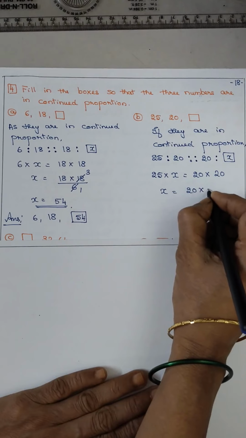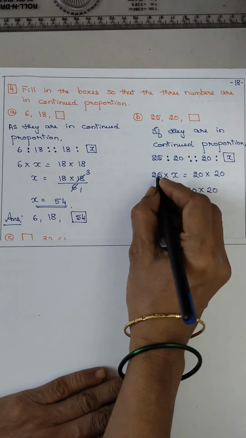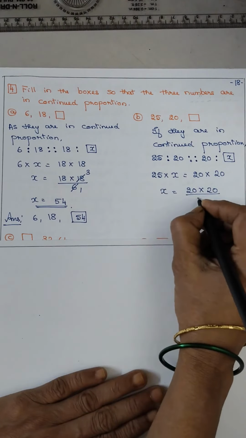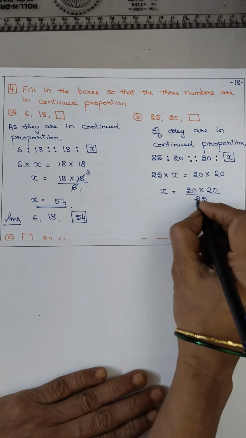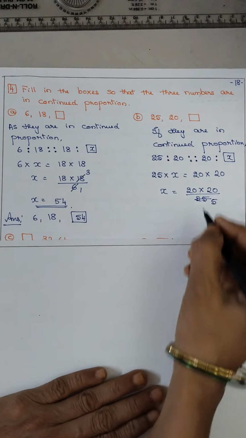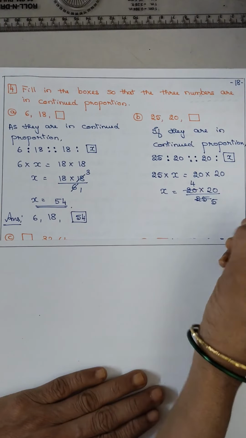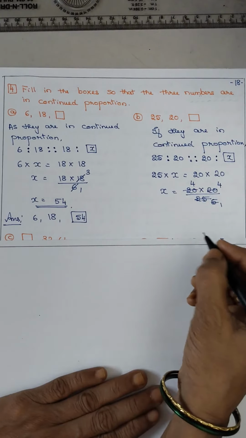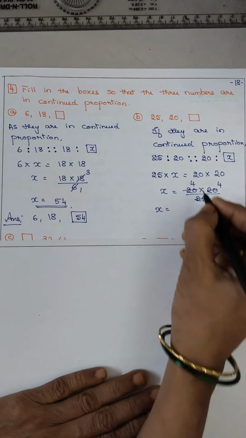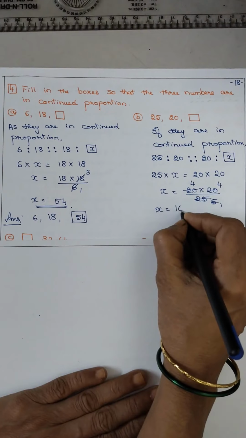Right side it is 20 into 20. Now take this 25 to the other side, it will go to the denominator. 5 5s are 25, 5 4s are 20, 5 1s are 5, 5 4s are 20. So you got x is equal to 4 4s are 16.